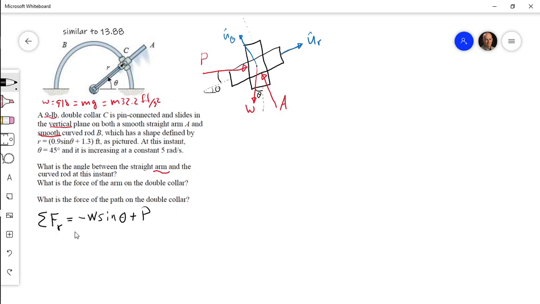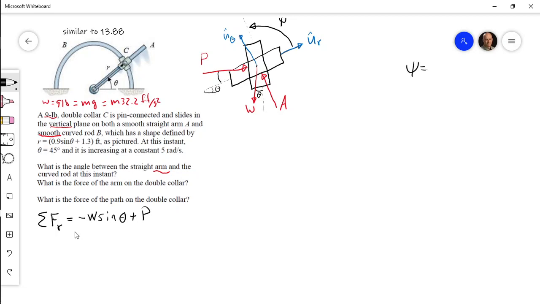And luckily, if you've read the chapter, you know Hibbeler introduces some technology that'll get us out of this problem. They call this angle right here, specifically from the UR direction, from the radial direction to the tangent to the path, psi, and they give an expression for psi.